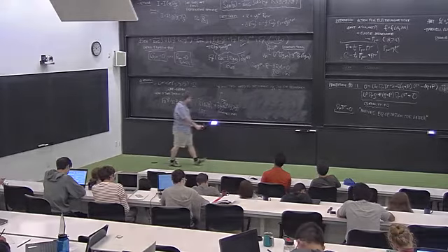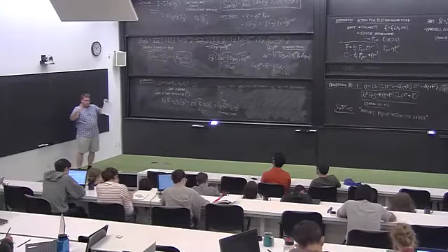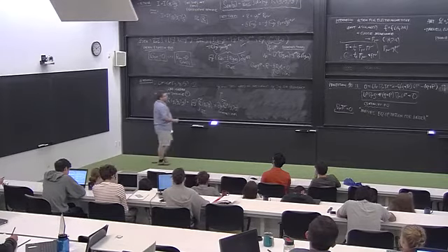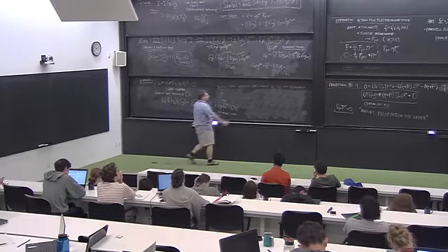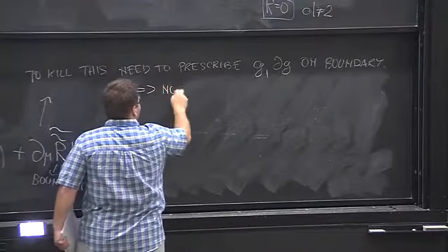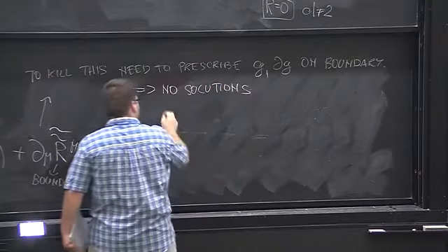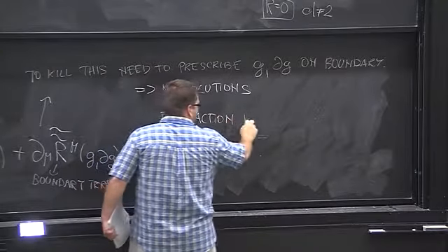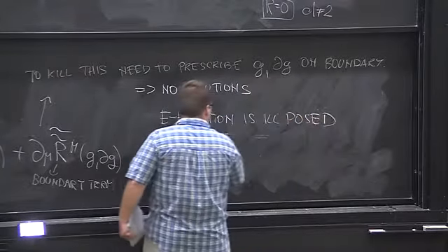But if you do it, you have second order differential equations, and you prescribe g on the boundary here and there, and dg on the boundary here and there, you are prescribing 4 conditions for second order differential equations, so there are no solutions. That means the Einstein-Hilbert action is actually ill-posed as a variational principle.